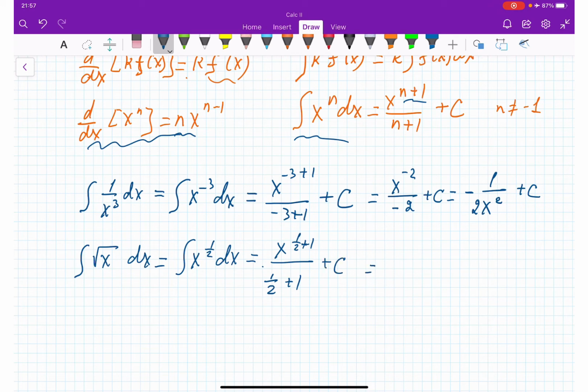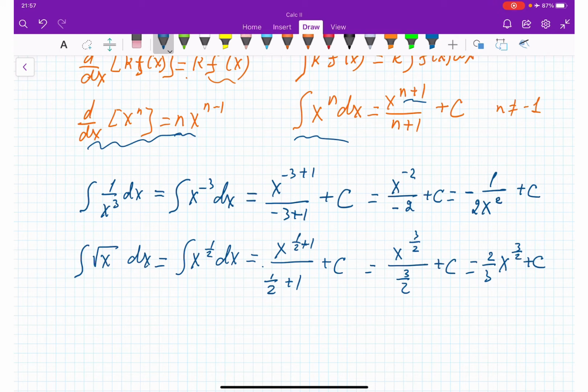In this case we are going to have 1/2 plus 1, which is 3 over 2, divided by 3 over 2 plus c. From here I can rewrite it as 2/3 x to the power 3 over 2 plus c.